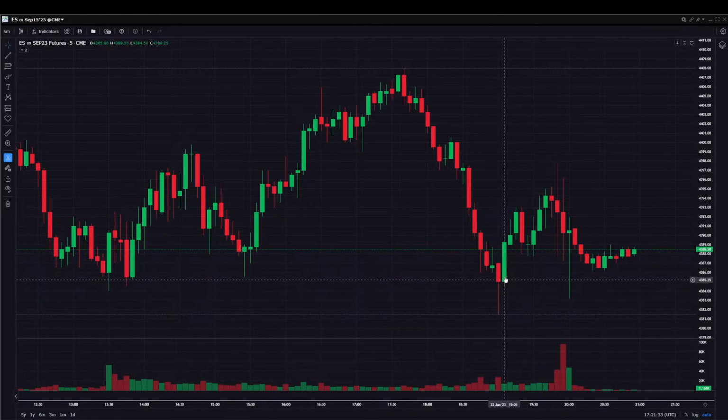As you can see, we held above the level, so this is a good sign, and you do have to pay attention to the actual formation of the candle in confluence with the volume. Exactly. Like this might have been red, but that's just because this is a basic volume study.